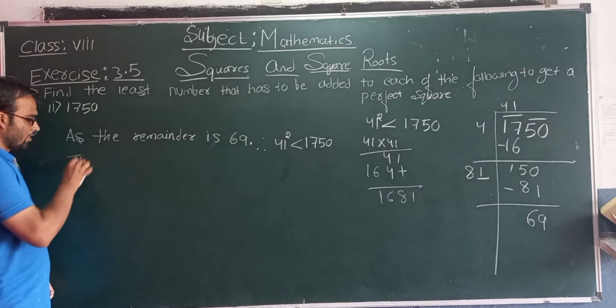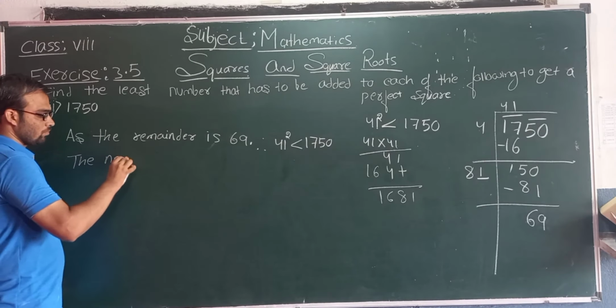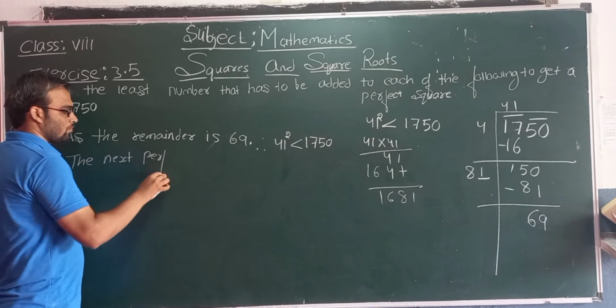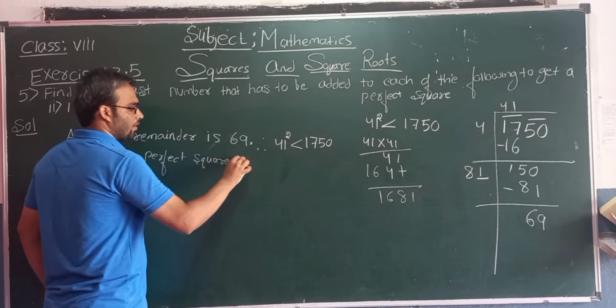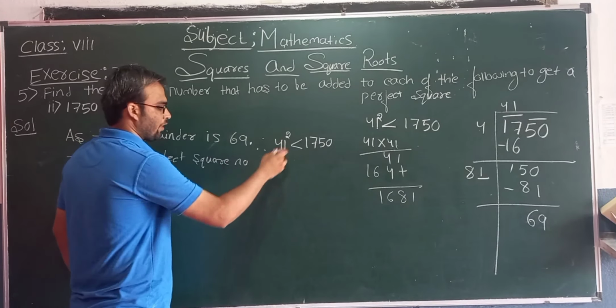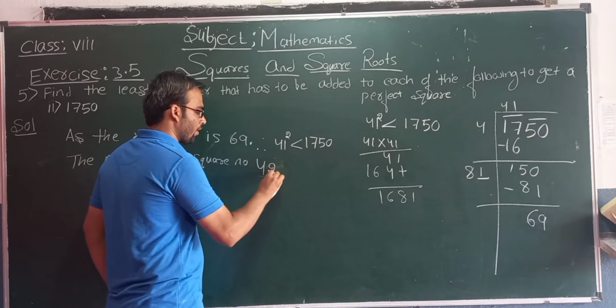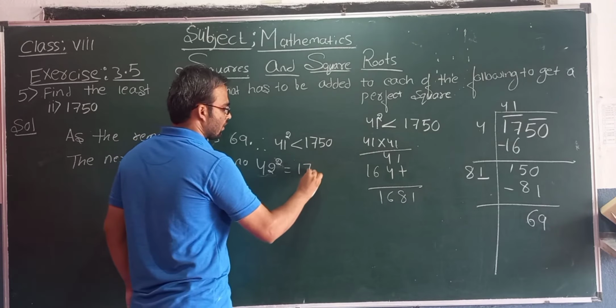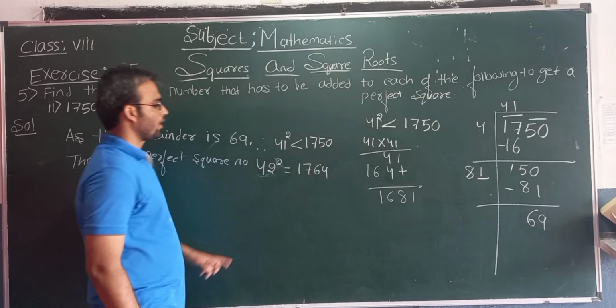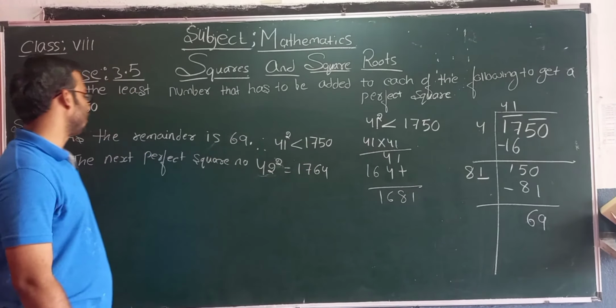Now the next perfect square number after 41 is 42 square. 42 square is what? 1764. Okay, 42 square is 1764.